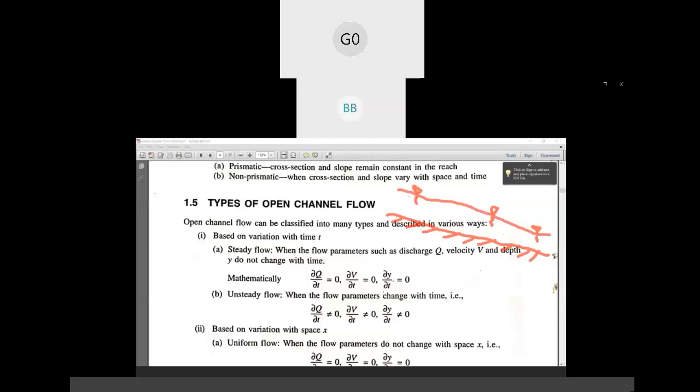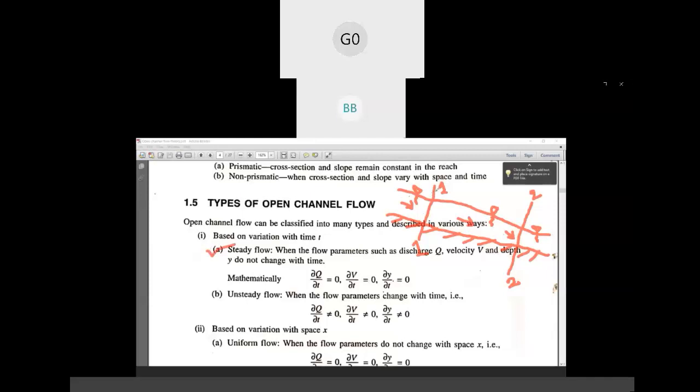In this river we consider two sections, here section one and section two. Section one is at a higher elevation than section two, so the water will be flowing from the higher elevation to the lower elevation. Now come to the first point, steady flow.